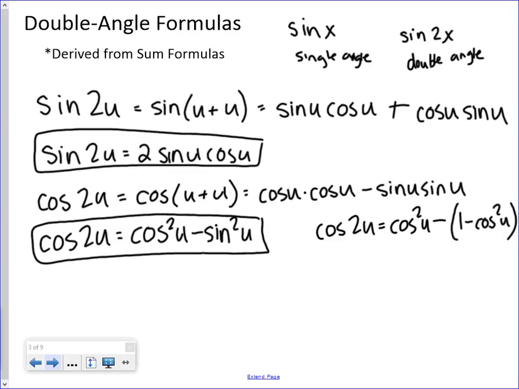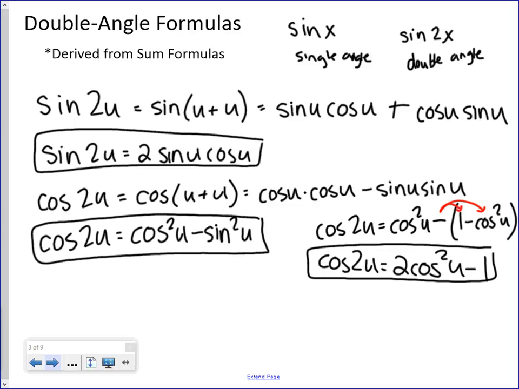And what I like about that is I now have it all in terms of cosine squared. When I distribute the negative, it's going to be minus 1 and plus cosine squared u. So cosine of 2u is equal to 2 cosine squared u minus 1.